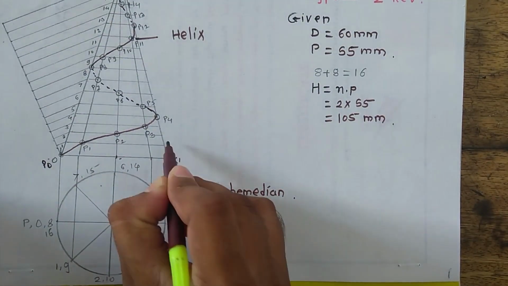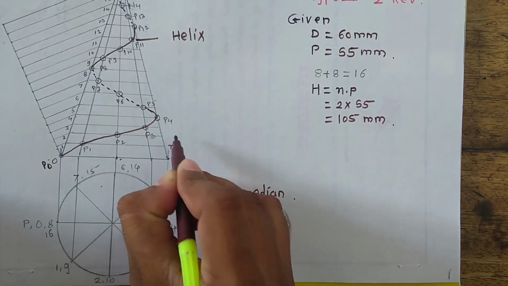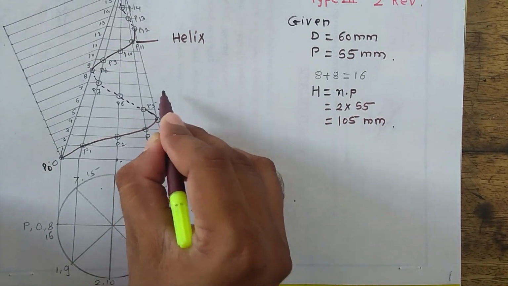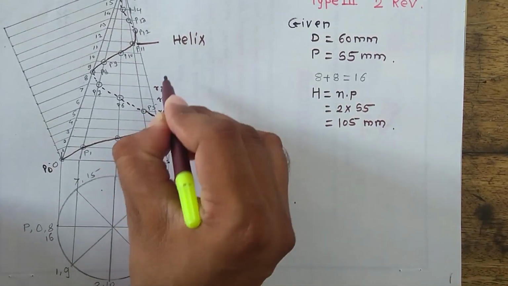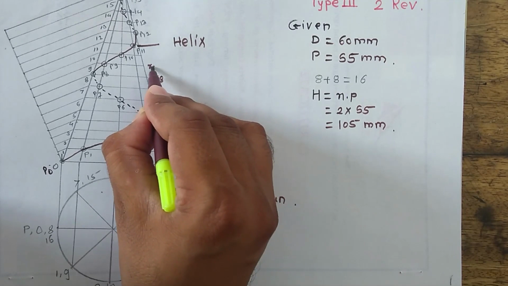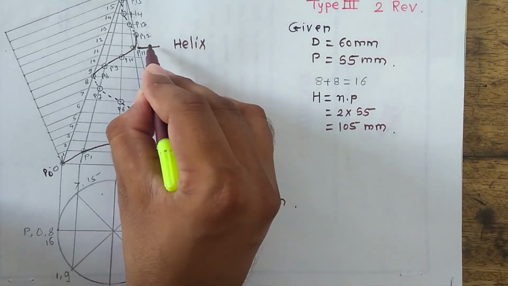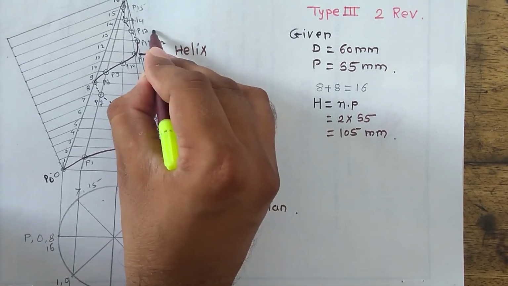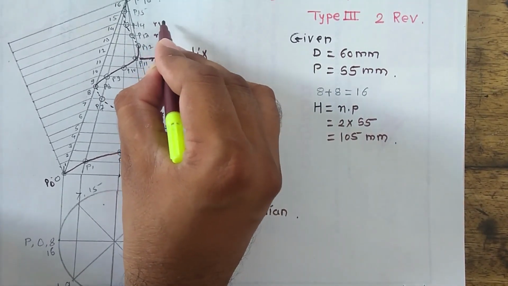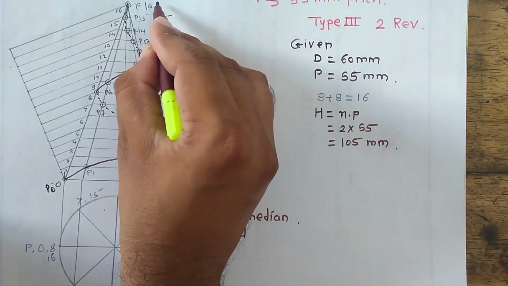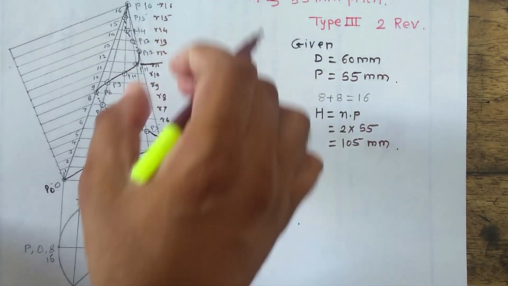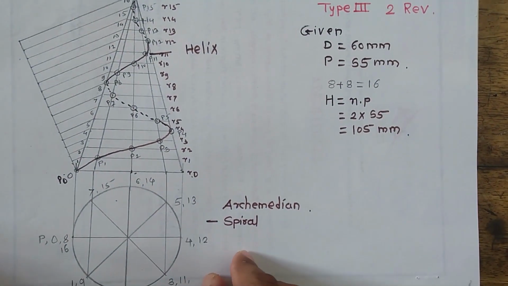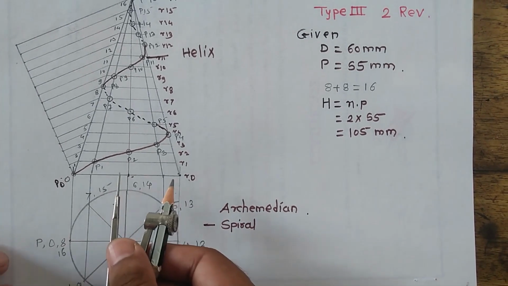So this will be R0, this will be R1, this will be R2, this will be R3, R4, R5, R6, R7, R8, R9, R10, R11, R12, R13, R14, R15, and R16. So all these radii we have to take, and we have to mark them on this top view.